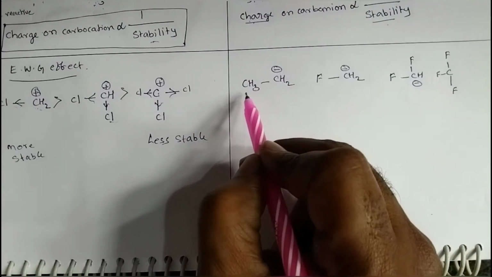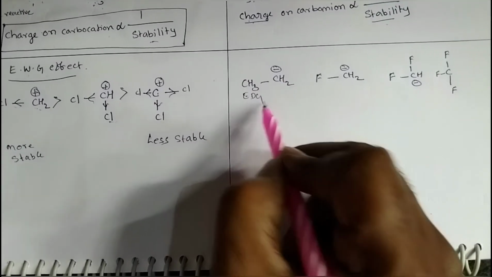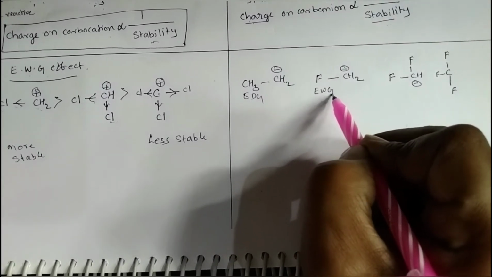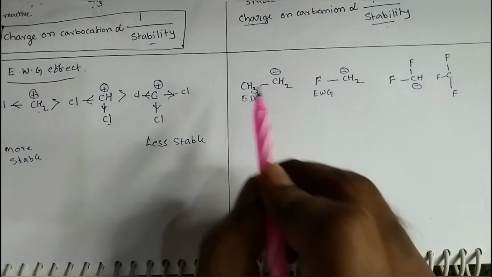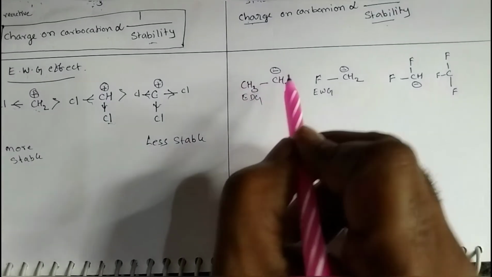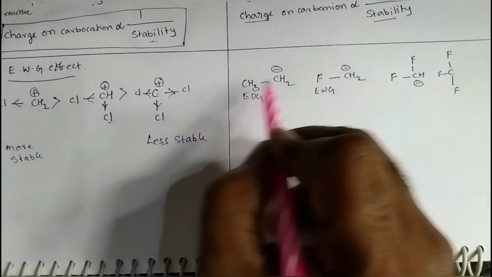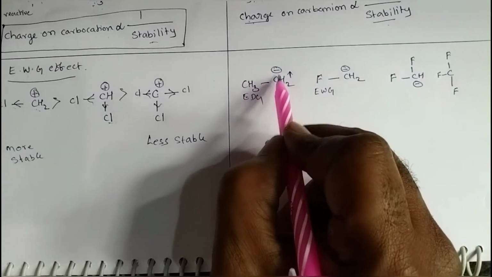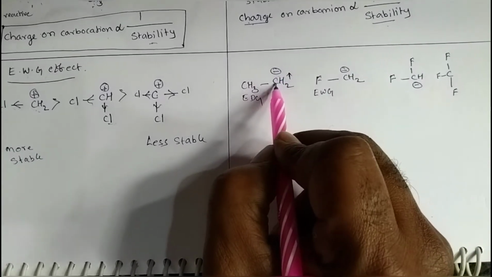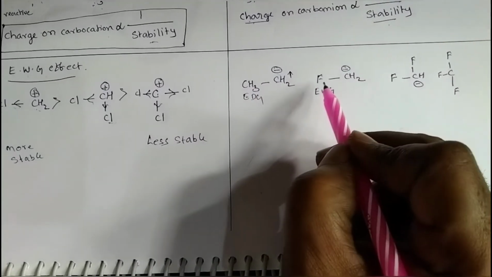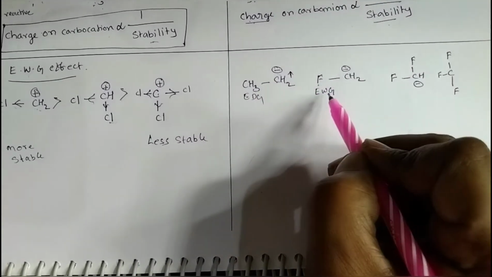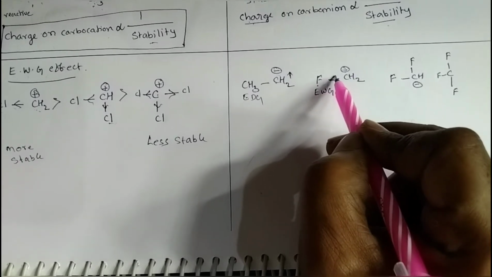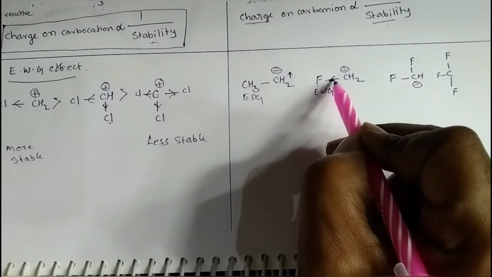Similarly, in this example I have given a carbanion, which carries negative charge. Here the methyl group is an electron donating group. Fluorine is an electron withdrawing group because of electronegativity. Due to the electron donating group, the electron cloud on this carbanion increases. Whereas fluorine acts as an electron withdrawing group, so the negative charge on this carbon decreases due to withdrawing the bonded electrons.